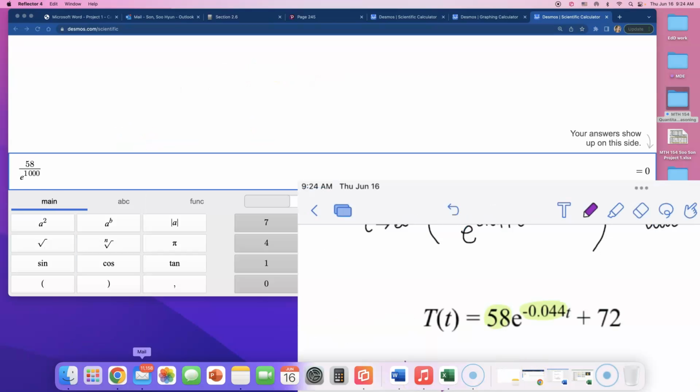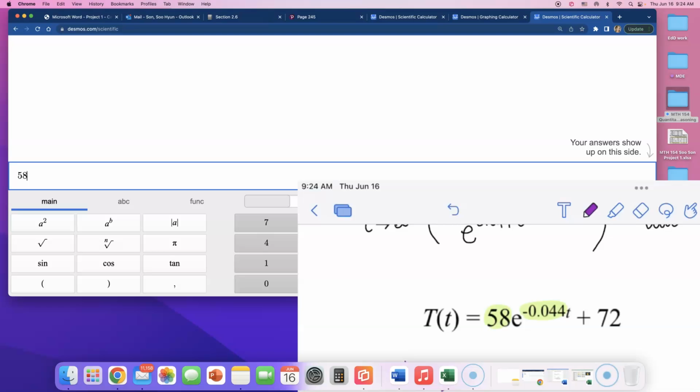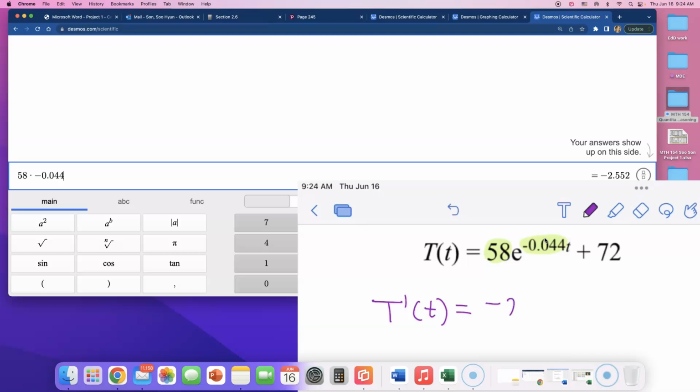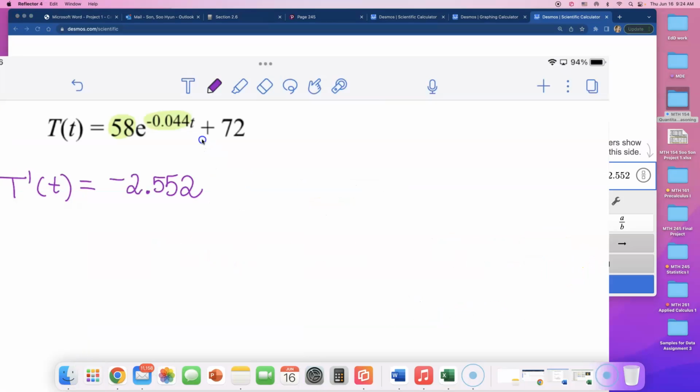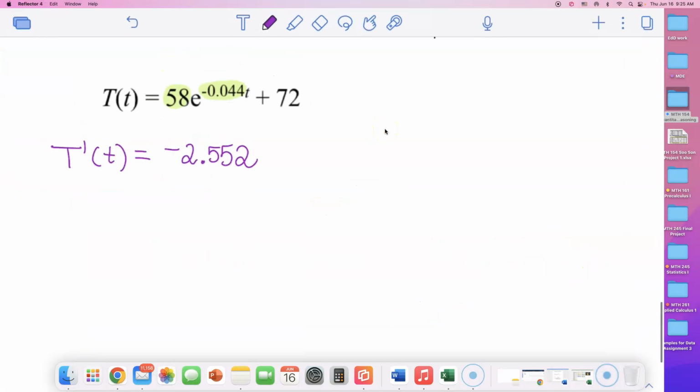That comes out to be negative 2.552, and that's my new coefficient. Then I write the original exponential term, e to the negative 0.044t, and the derivative of 72 is just 0, so that's gone.